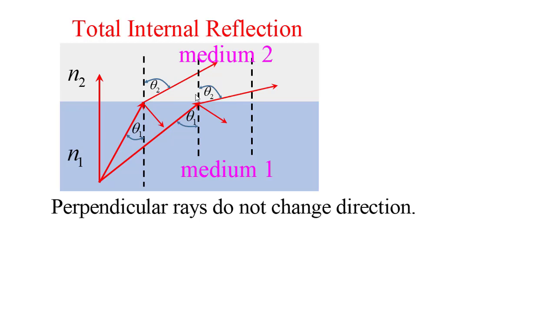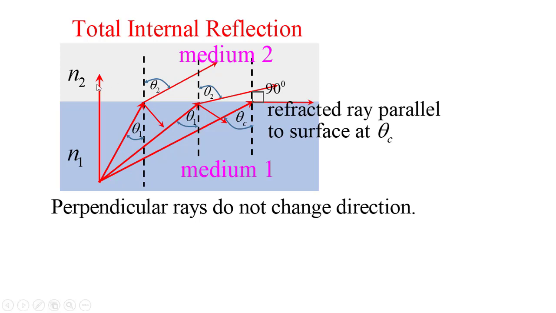Thirdly, if I make another normal here and again further increase the angle of incidence theta 1, at a certain point this ray lies along the surface, the boundary between the two media. This angle is called the critical angle.